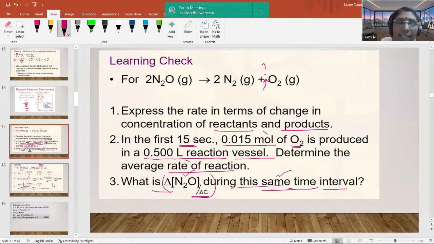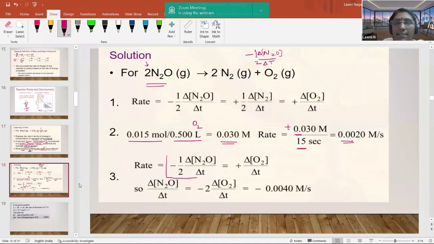So write the expressions multiple times in the class. Say that this is the rate of appearance of O2 as well as the rate of reaction, whereas with the minus, this much is the rate of disappearance of N2O. And if you include 2, it becomes the rate of reaction. So give them that clarity a number of times. Take a number of examples and provide them that expression, because this is one of the frequently asked questions.